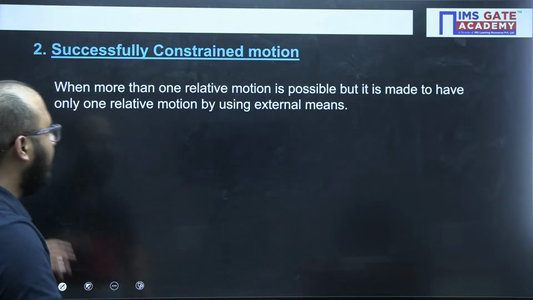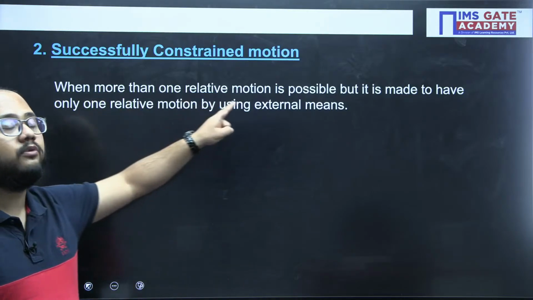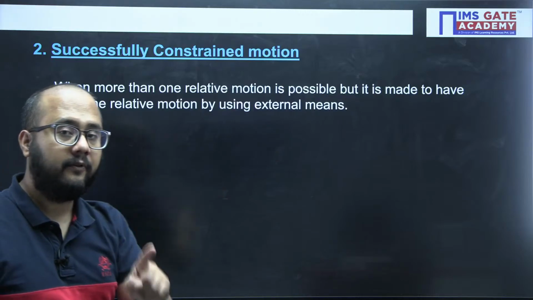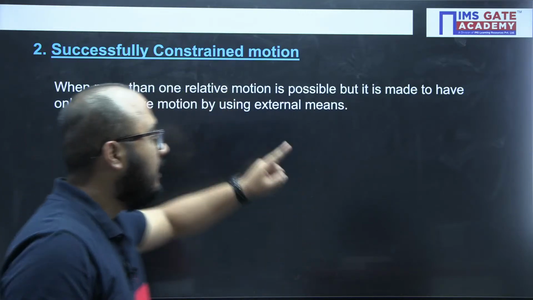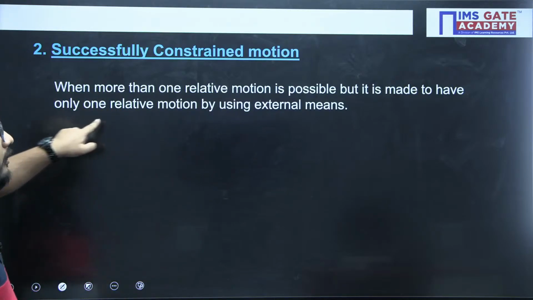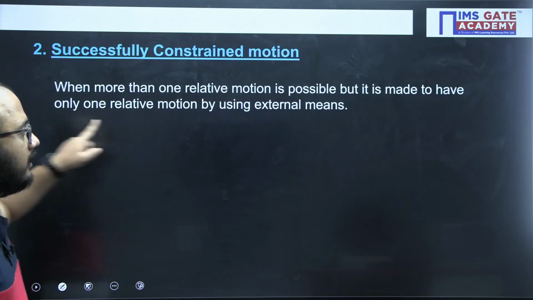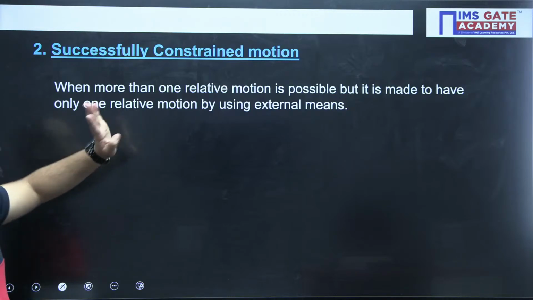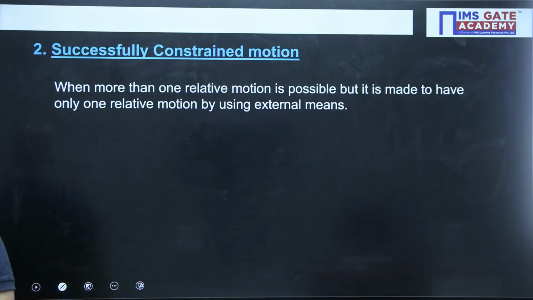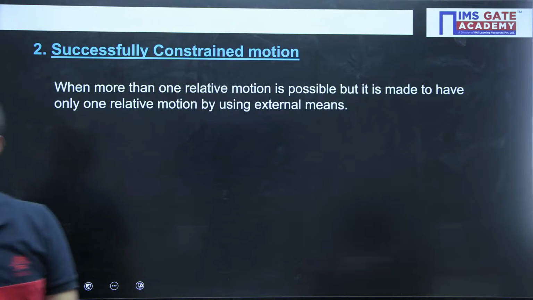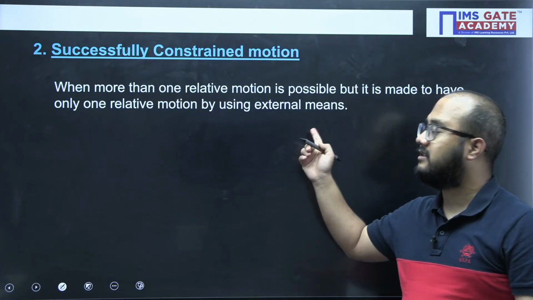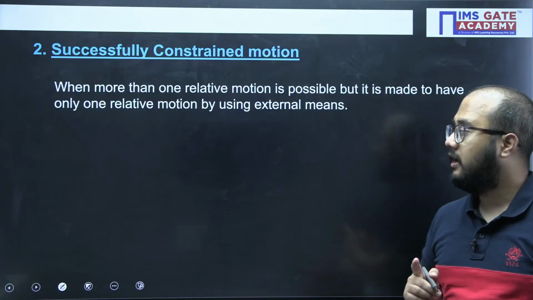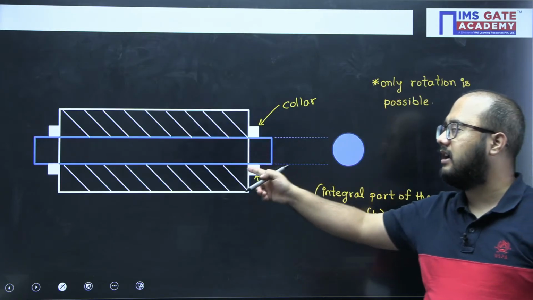Please understand here. When more than one relative motion is possible, but it is made to have only one relative motion by using external means. This is a very important point. So many times students are confused with this example.